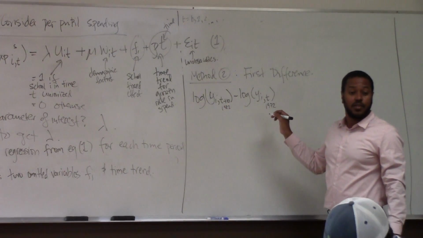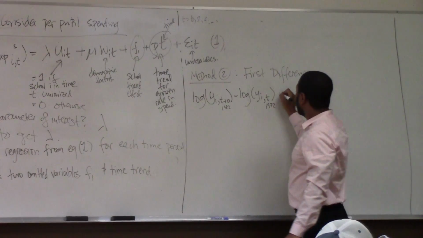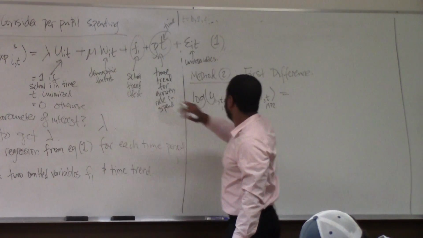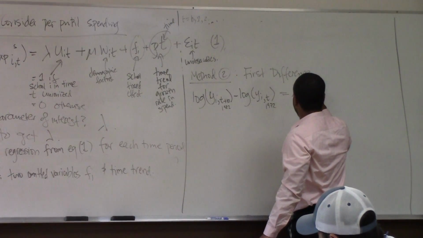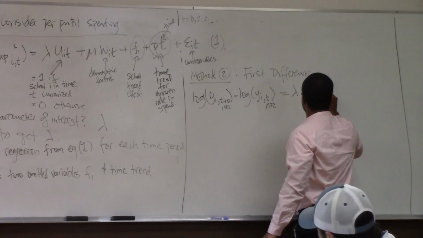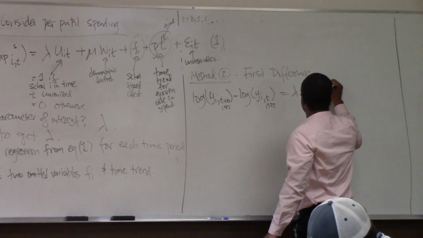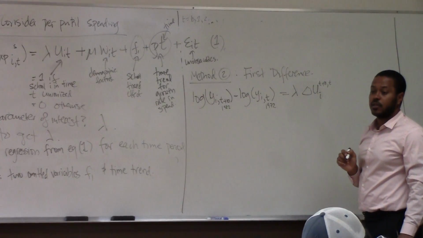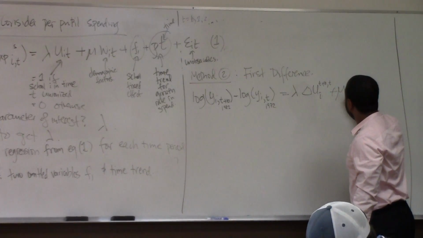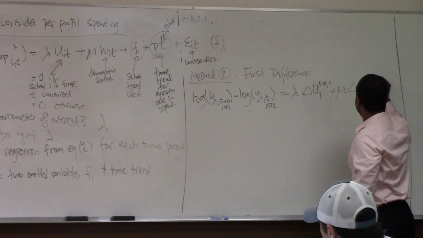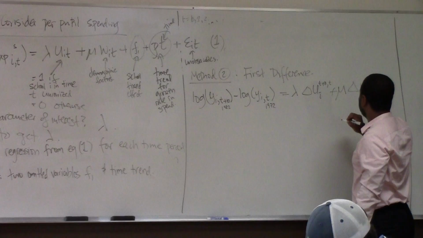Does everybody understand this so far? What we're going to get is that the lambda is going to be the same in front of both of those things. So we're just going to get lambda times the change in unionization for school i from t plus 10 to t. Does that make sense? Plus mu times the change in omega i from t plus 10 to t.